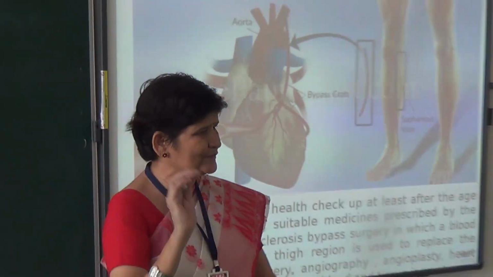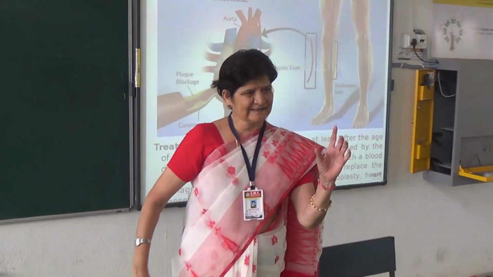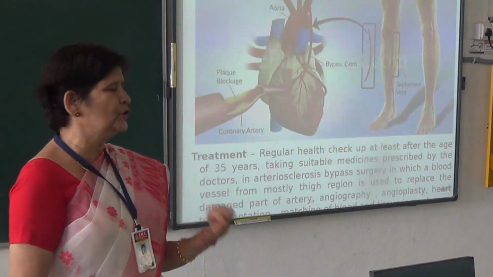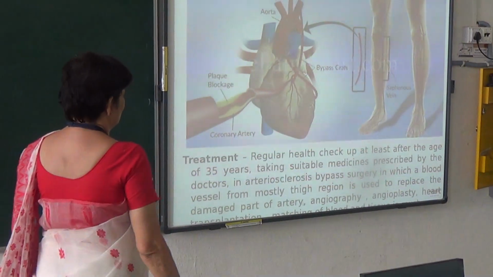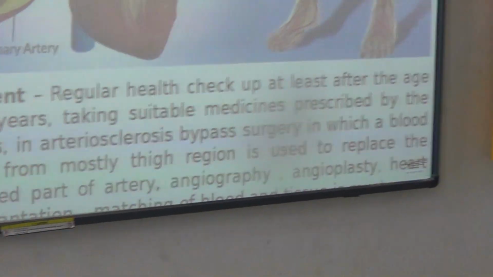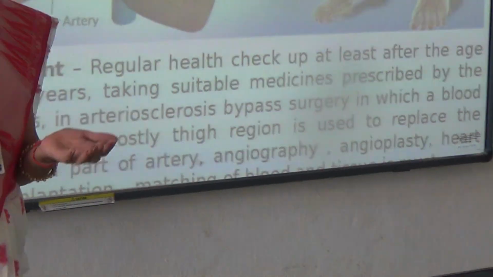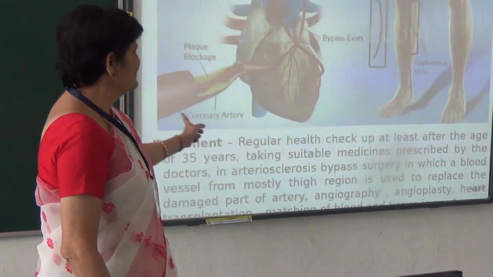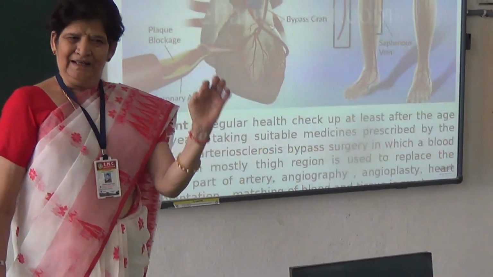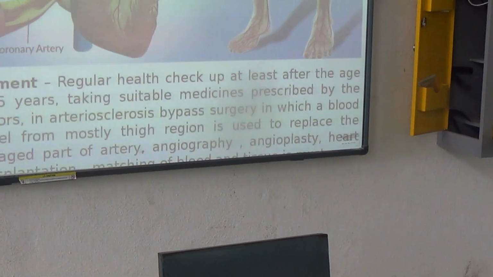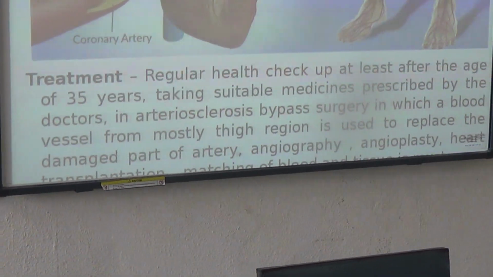If you have taken all types of precautions but still suffer from heart disease, then what can you do? Regular checkup at least after the age of 35 years, because as age advances, muscles become weaker. Therefore, you have to do a medical checkup after the age of 35 years.